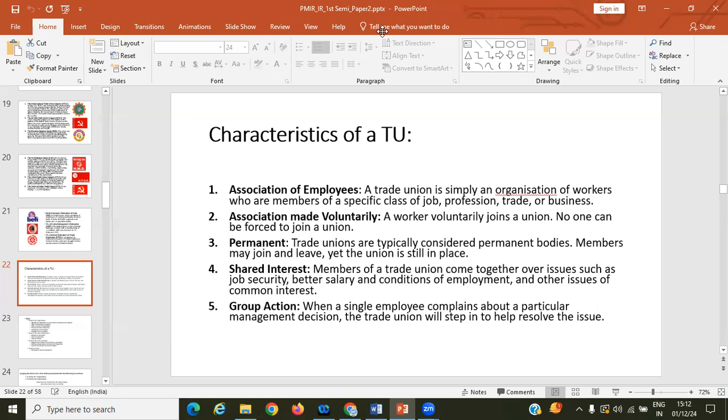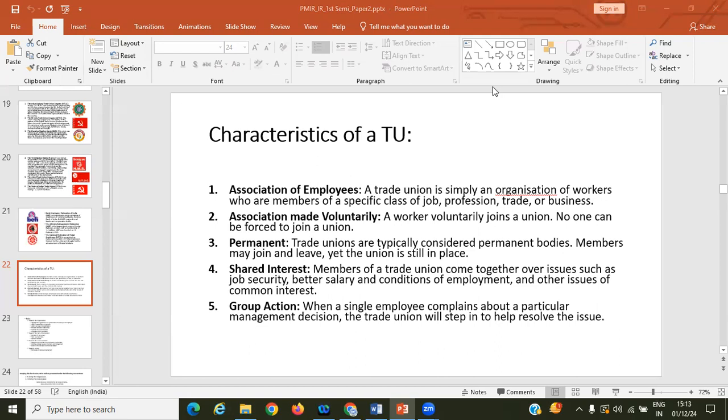That means your organization is permanent, your union is permanent. Even if you come and go and leave the organization, the union will stay for other members. So that is permanent.